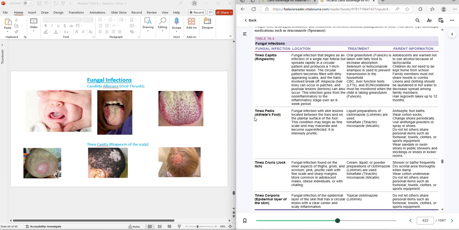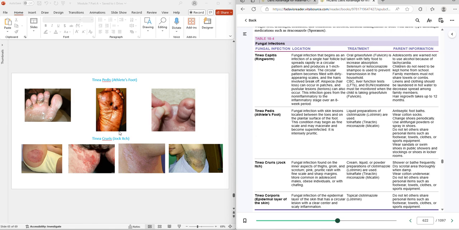Then we have something called Tinea pedis, which is athlete's foot. Okay? Their feet almost look like a plastic cover is over them. Very itchy, very uncomfortable. They start peeling. They need to change their shoes often, using some antifungal powders. Especially our teens in the summertime.